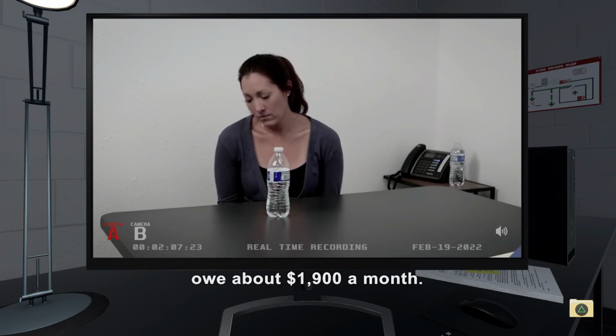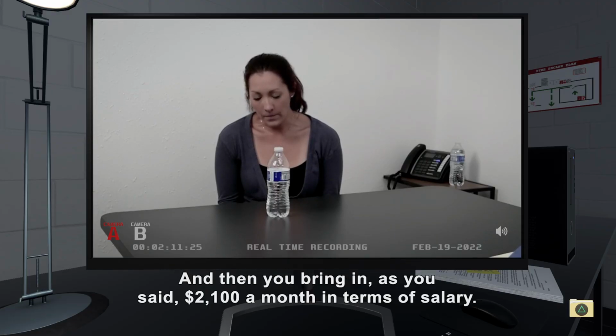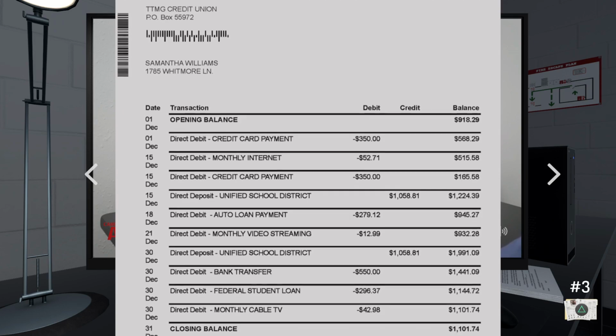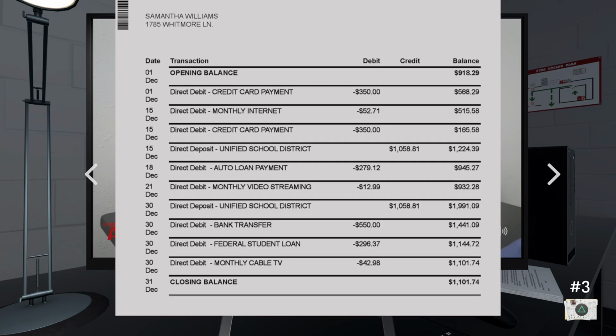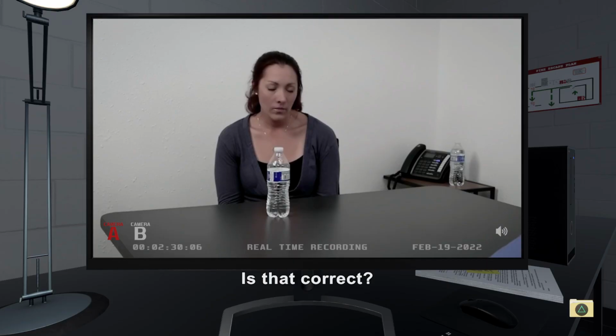No, she's fine. So it's monthly expenses. And then you bring in $2,100 a month. So that sense. That leaves you with $200 approximately every month to cover things like going out, clothes. That $200, that's your monthly disposable income. Is that correct? Yeah.